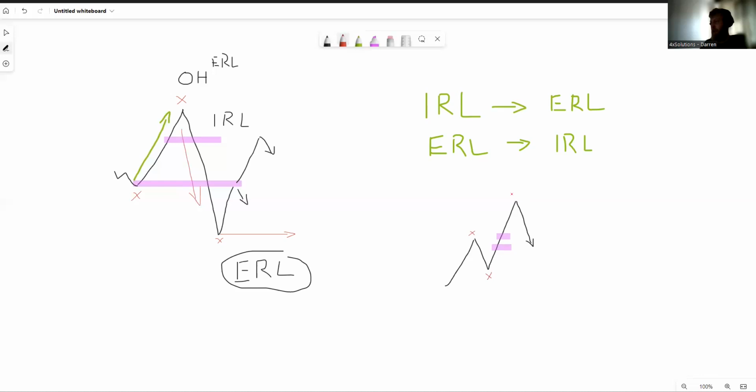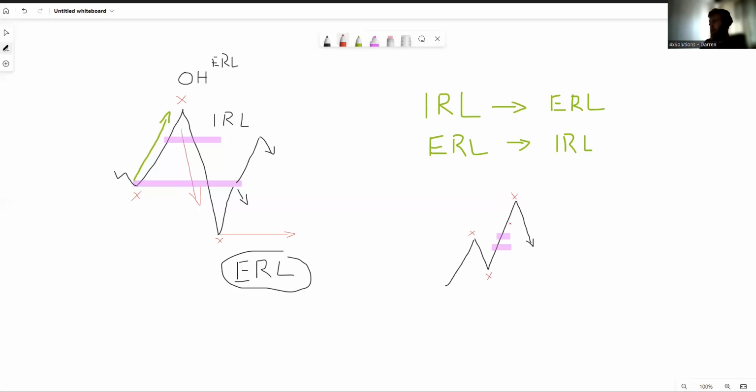Well, then you're taking the liquidity of that external range liquidity. So either you sell into the void closure, you sell into the order block retest, you're selling into internal range liquidity from an external perspective.